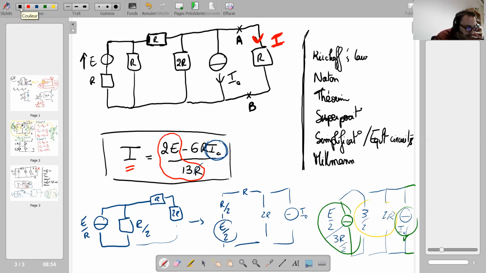So I'll start applying quickly the simplification theorem to show you how quick it could be.